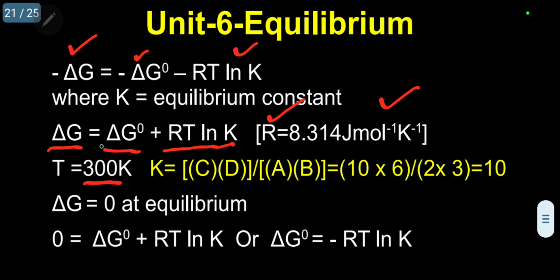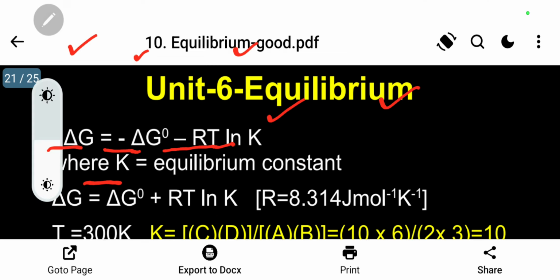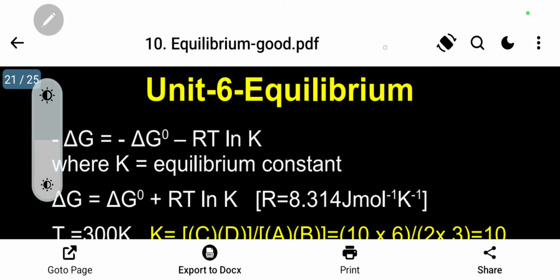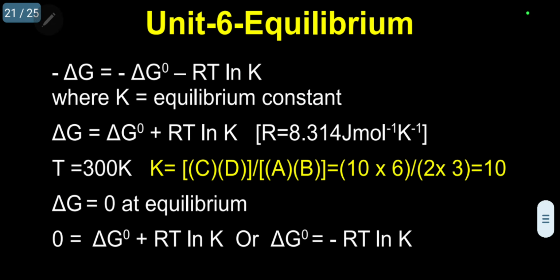Delta G is equal to 0 at equilibrium. So what we have to calculate now is delta G naught. That is our idea.